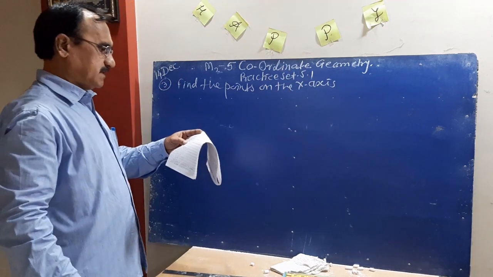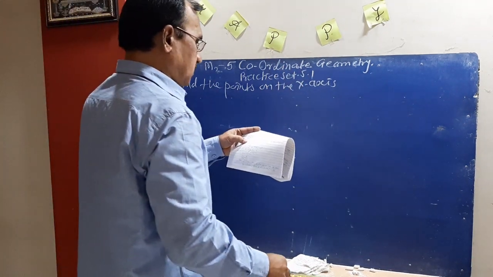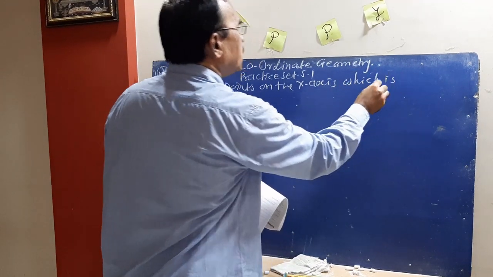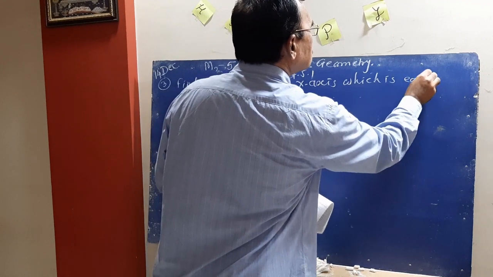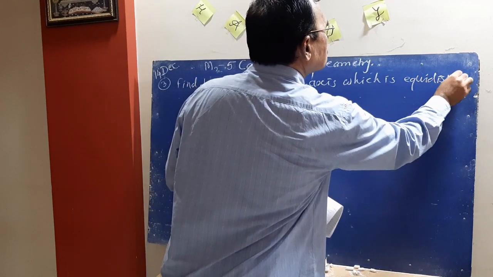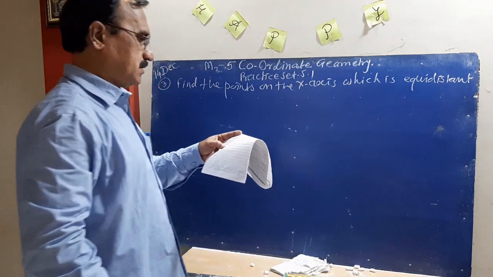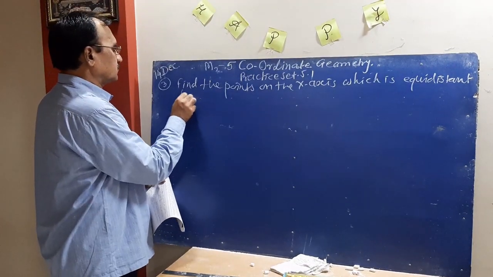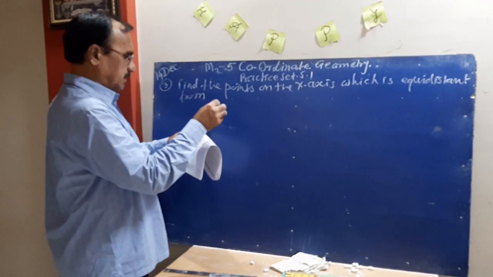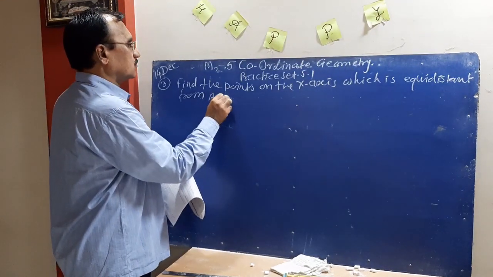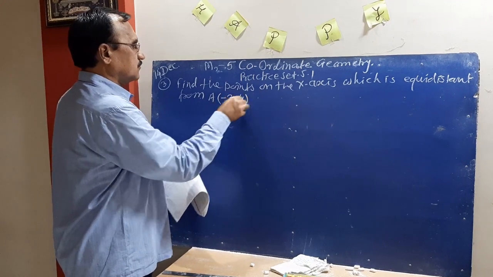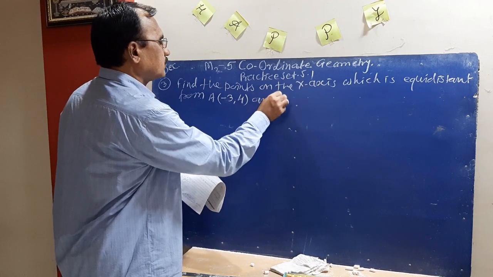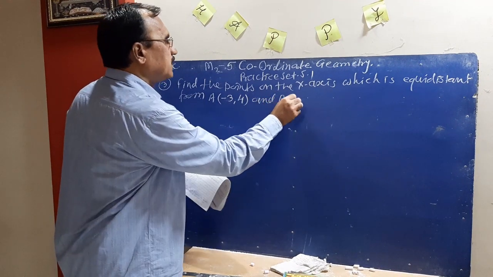Find the point on the x-axis which is equidistant, means same distance, from A(-3, 4) and B(1, -4).